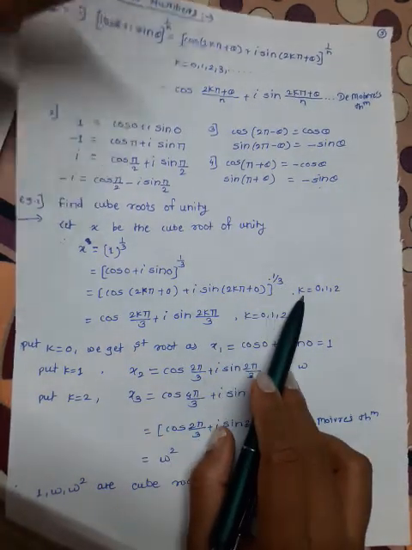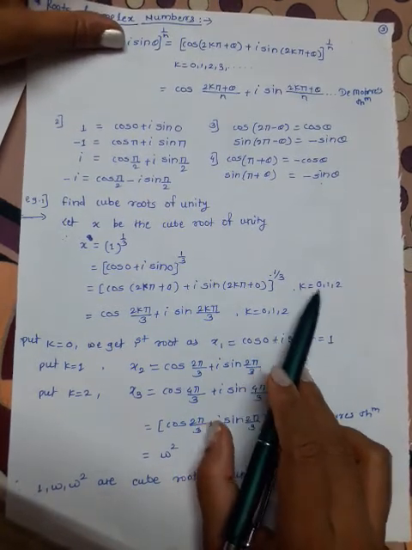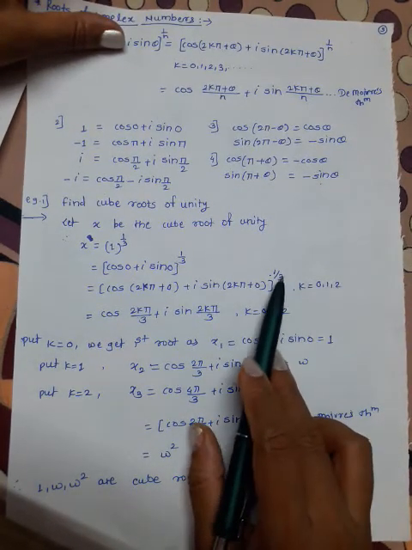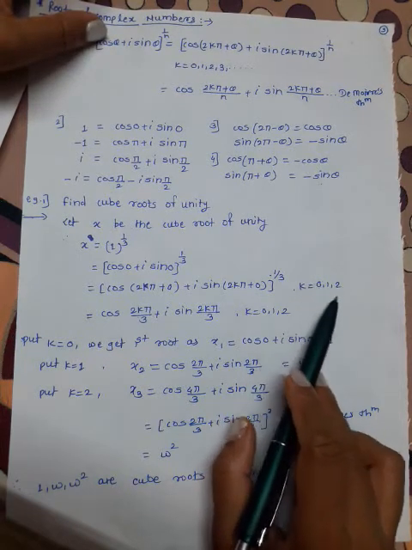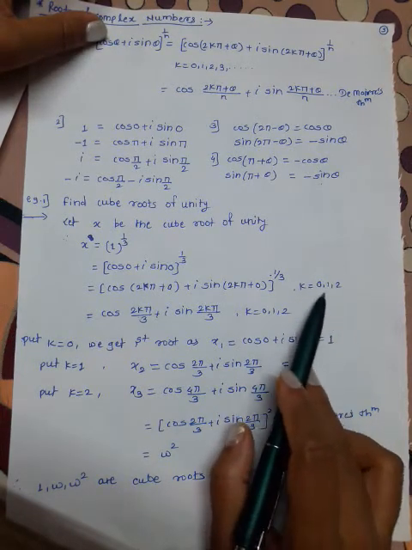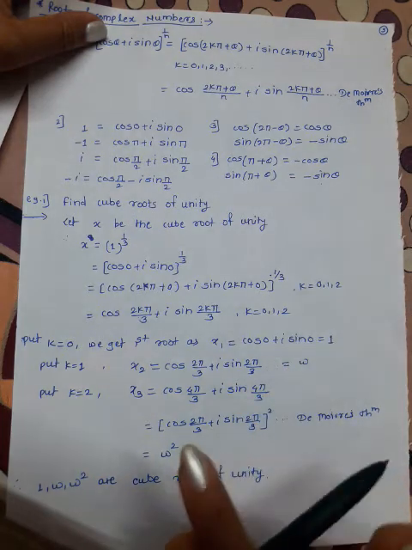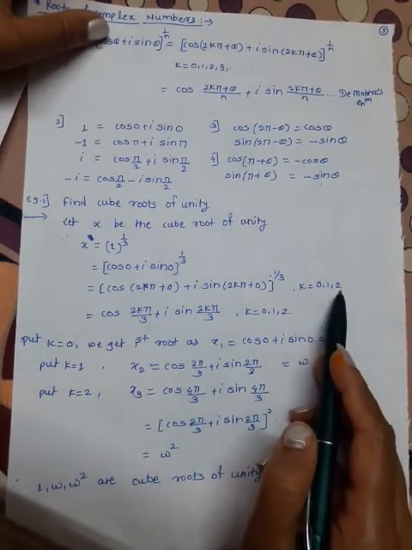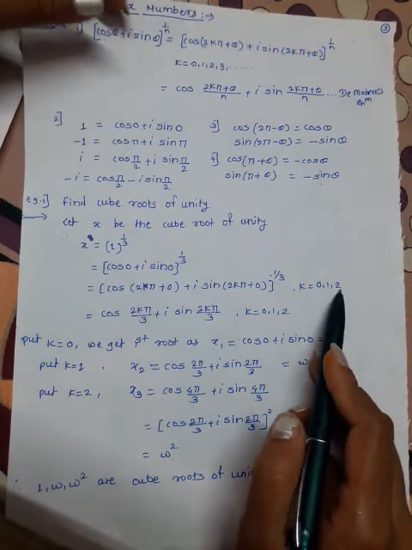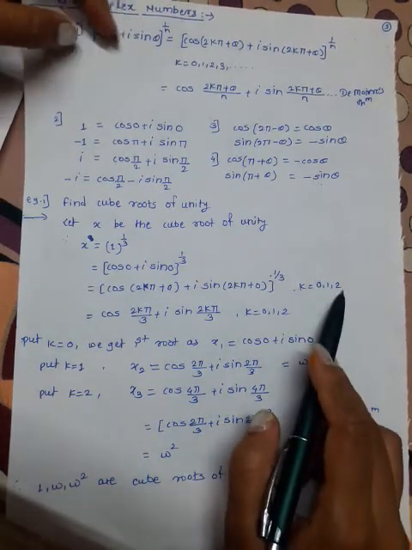Now we put k values from 0, 1, up to one less than 3, that is 2. We need 3 roots, that's why 0, 1, 2, total 3 numbers are there. That is, the largest k is one less than the root number.